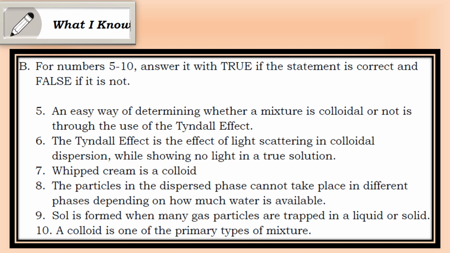Number 8, the particles in the dispersed phase cannot take place in different phases depending on how much water is available. Number 9, sol is formed when many gas particles are trapped in a liquid or solid. And number 10, a colloid is one of the primary types of mixture.